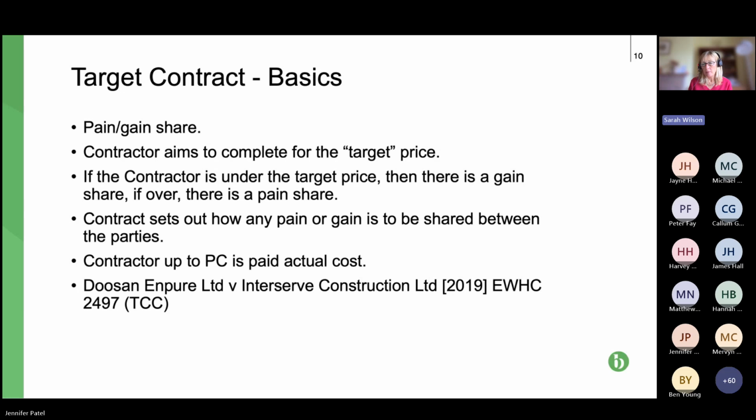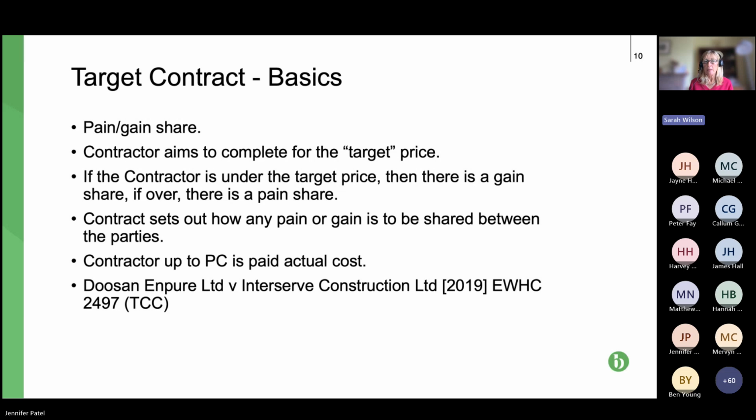So at practical completion, the project manager makes their first assessment of the pain gain share and the first payment resulting from it. It's the first because it's a temporary one, because you can't finalise it until after the defects period, when, particularly under NEC 4, a final account will be resolved between the parties.